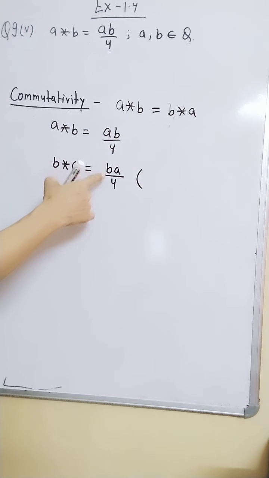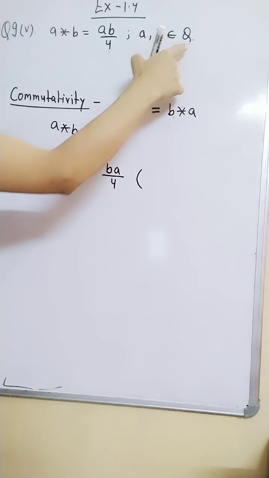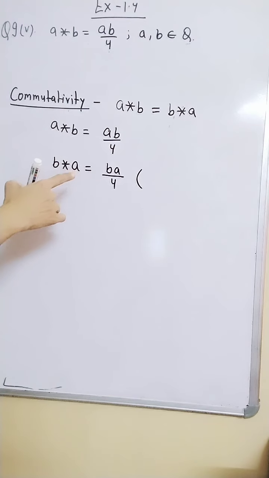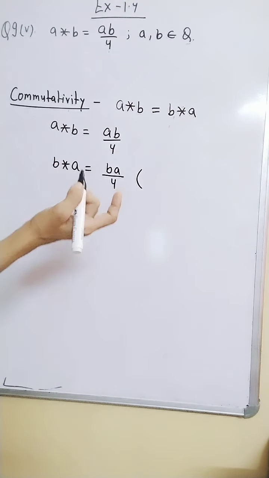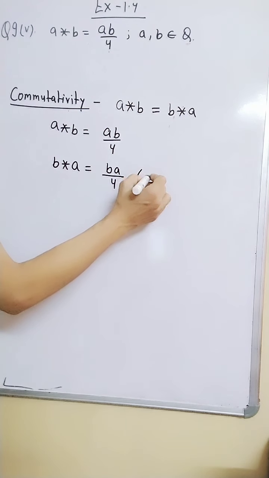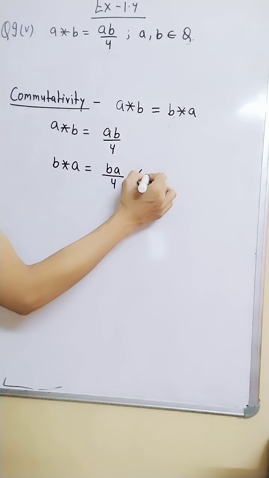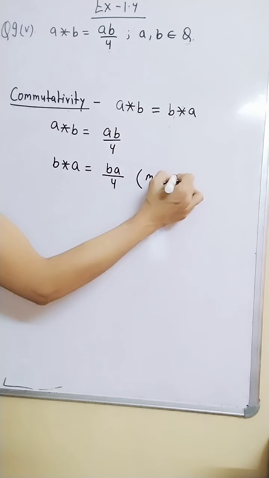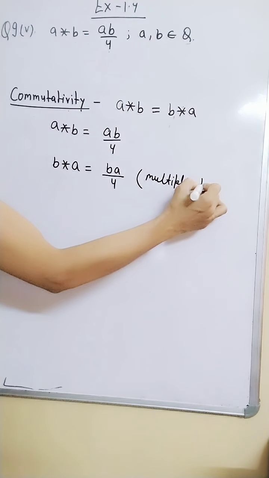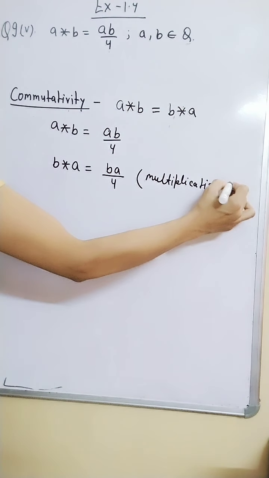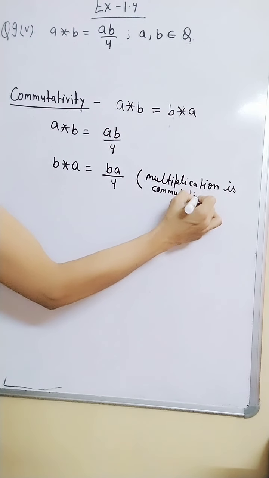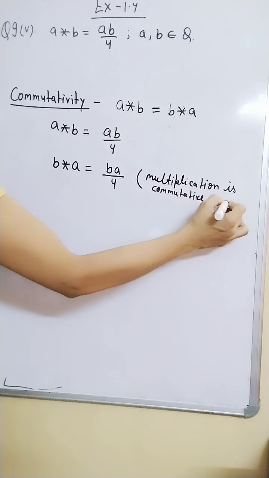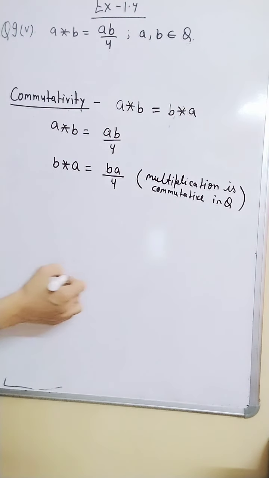Now we know that the multiplication of rational numbers is commutative. This we know, we have done it in our previous classes also. So we can write that multiplication is commutative in Q, right?